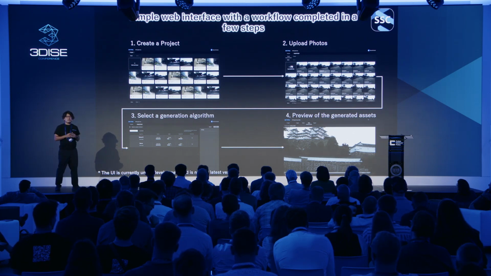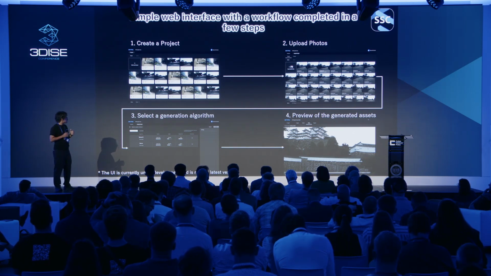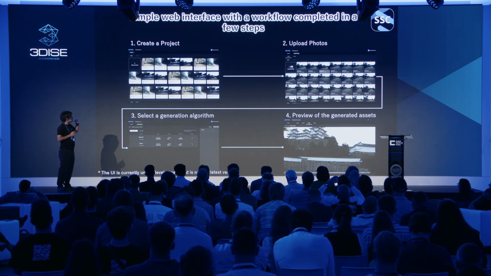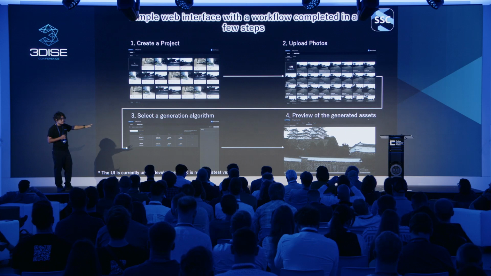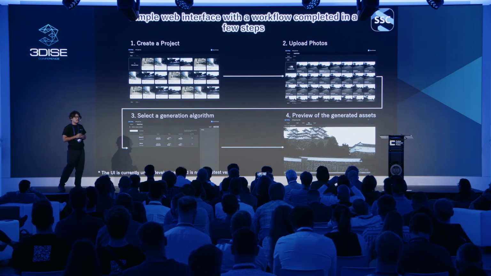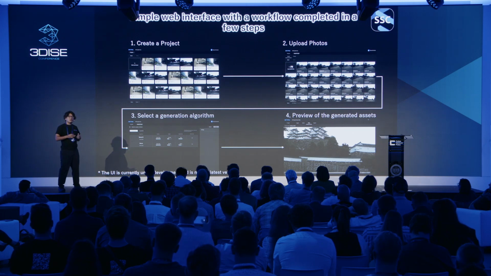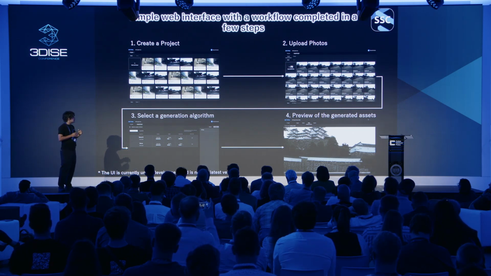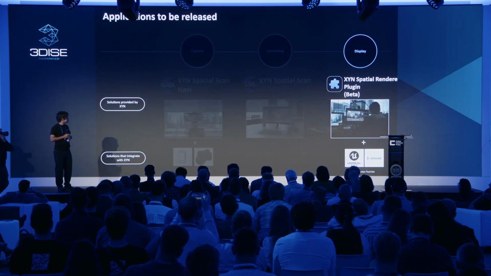We try to democratize the steps to create the Gaussians. All you need to do is create a project, upload images, select the algorithm depending on the use case, and then hit the create button. That's it. Then wait one hour up to three hours, depending on the quality you want, and then everything happens here. You can generate the splats and a mesh.